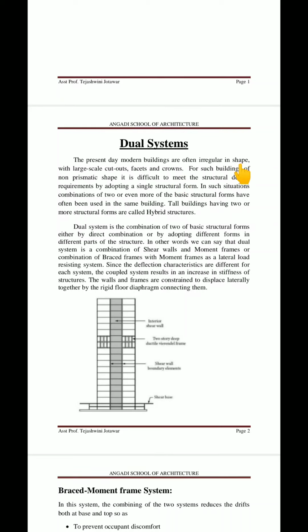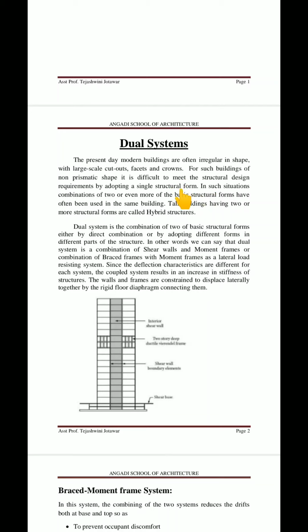For such buildings with non-prismatic shapes, it is difficult to fulfill the structural design requirements by adopting any one single structural system like a shear wall, braced frame or a moment frame. Any single structural load resisting system is not sufficient.